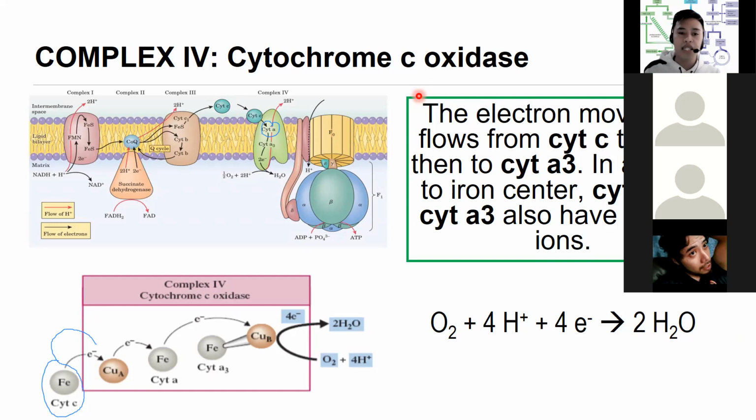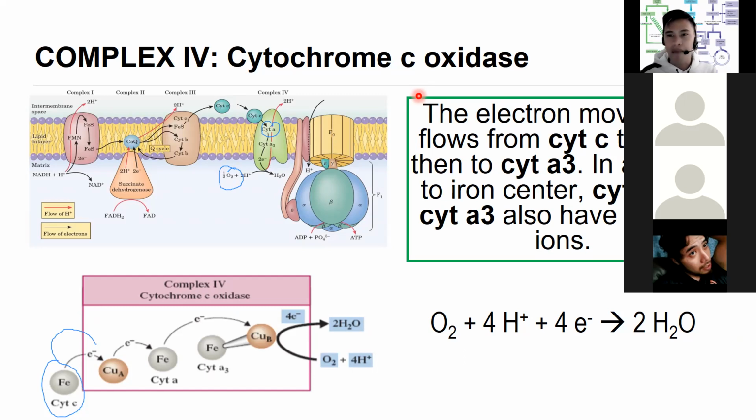The final acceptor of electrons in complex 4, as mentioned, is your oxygen. Upon the acceptance of electrons, oxygen will then be converted to water. So in this case, your electron transport is already done.